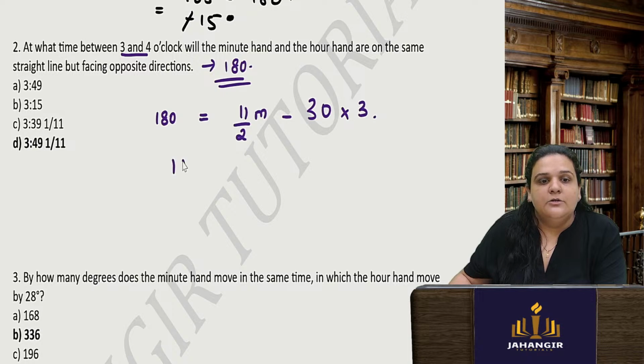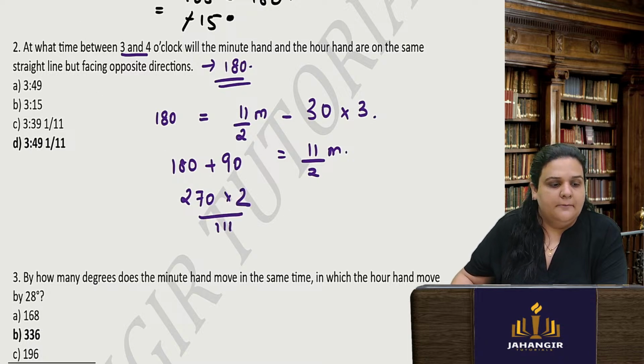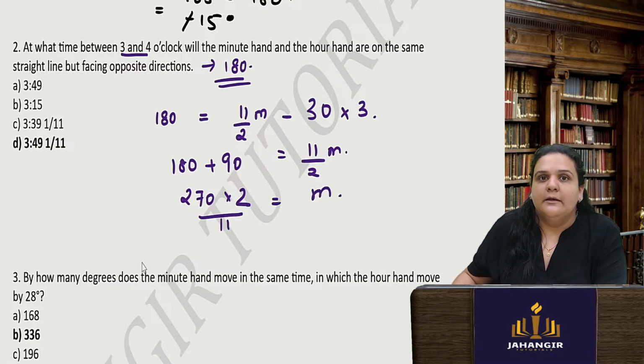So 180, 30 into 3 is 90. The minus sign will become a plus sign over here, 11 upon 2 M. So we have 180 plus 90, 270 into 2 upon 11 will be the simplification we are doing of this equation, right?